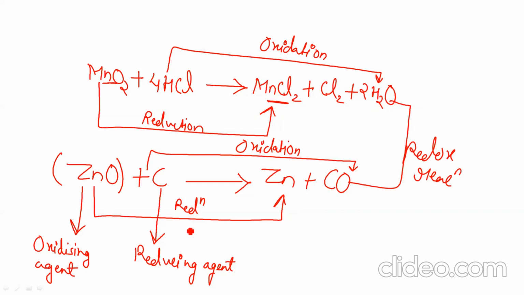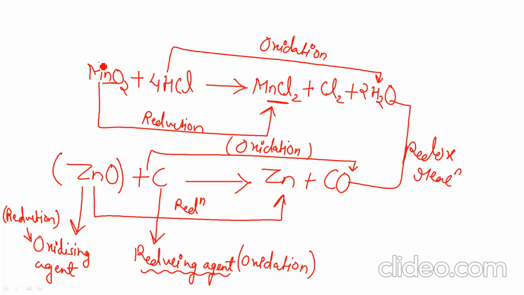In a redox reaction, the element undergoing oxidation is the reducing agent. Remember this: the element undergoing oxidation is the reducing agent, and the element undergoing reduction is the oxidizing agent, just the opposite.